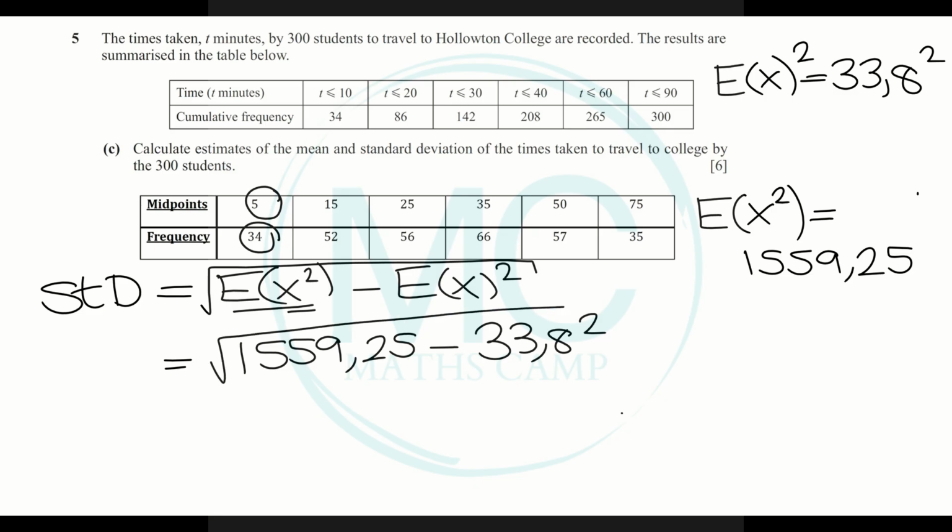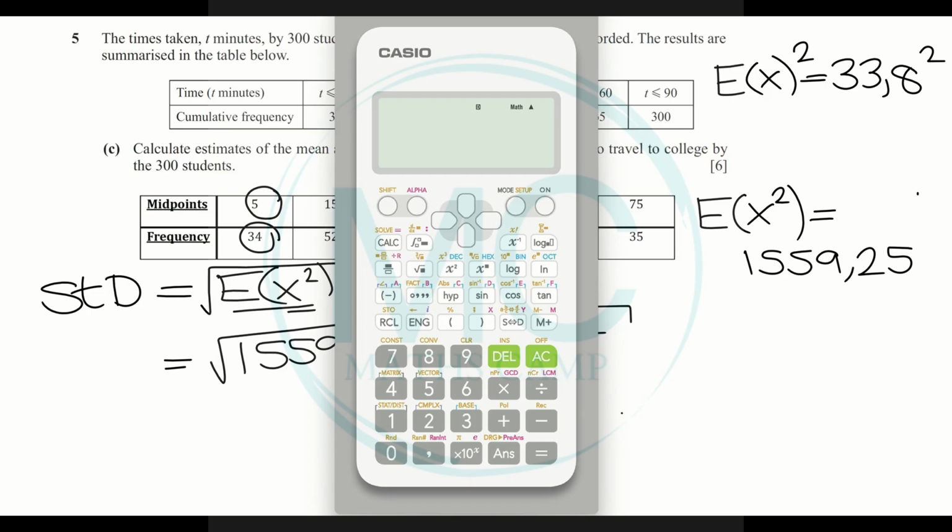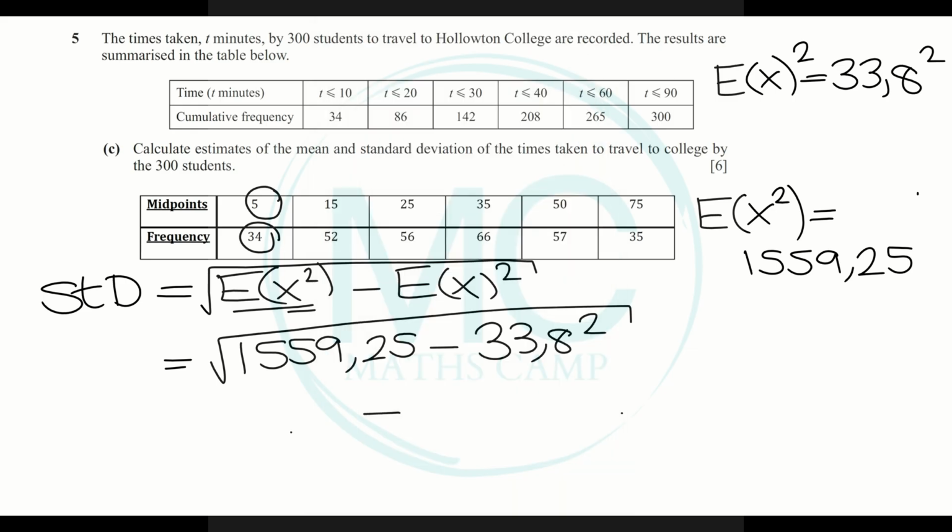Now I can take my calculator, I can say the square root of 1559,25 minus 33,8 squared is equal to 20,415. Let's round off to one decimal place and I get a standard deviation of 20,4.